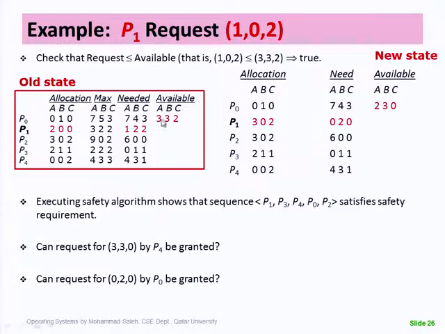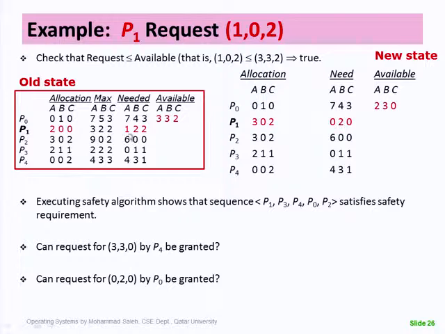So the previous available is 332. The request is 102. Subtract the request from available. What we get is 230. Clear? Okay. And if this process is given these resources, the needed will also be less, the leftover needed for the resource.